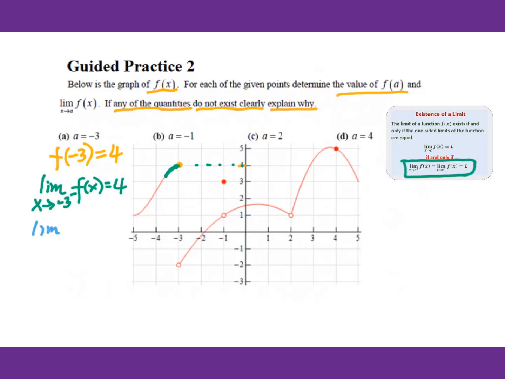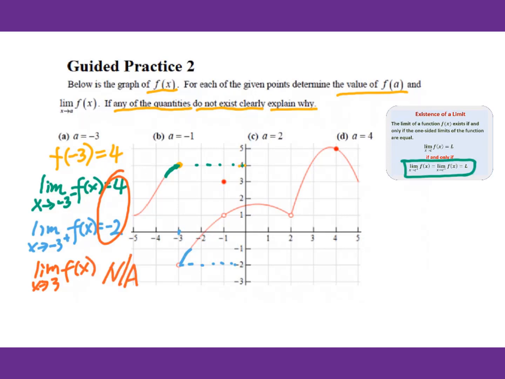Then for the limit as x approaches negative 3 from the right side of f(x): on the right side of negative 3, the graph is here, so as we approach negative 3, you will get the value negative 2. Since they are not equal to each other, the limit as x approaches negative 3 of f(x) doesn't exist, not available.